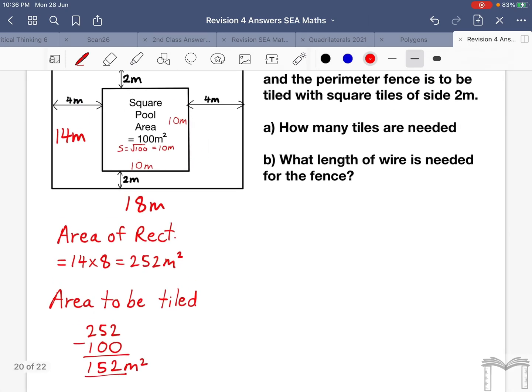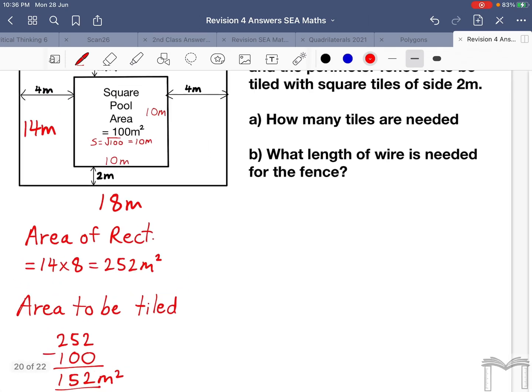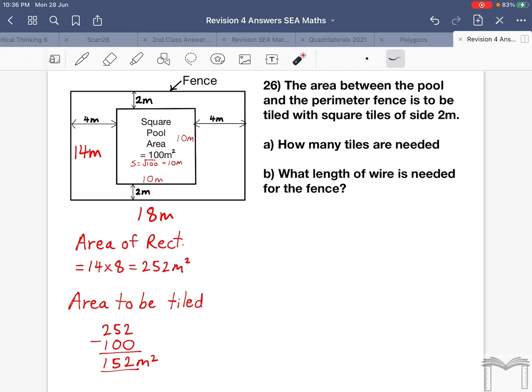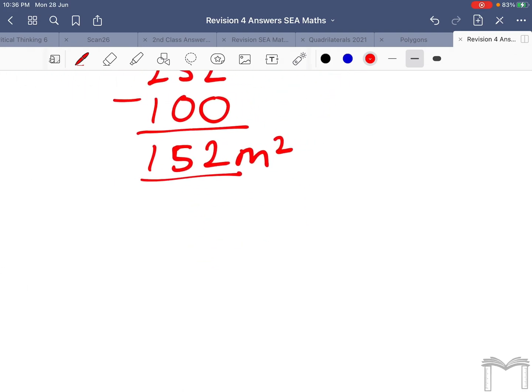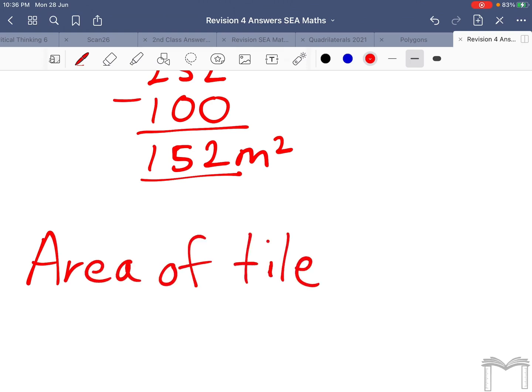Now we are to tile that with tiles having a side length of 2 meters. So what will be the area of a square tile that has a side of 2 meters? Area of tile, which we can work out mentally, is equal to 2 times 2, or side squared. That will be 4 meters squared.